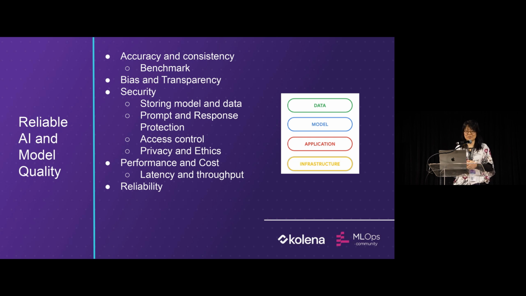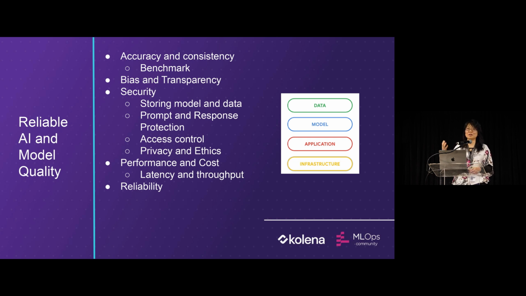Now let's talk about AI quality, especially Gen AI quality. What do we mean? In my mind, I'm listing the areas below. If we categorize them into bigger buckets, I would say there are two big things. One is the model quality itself.